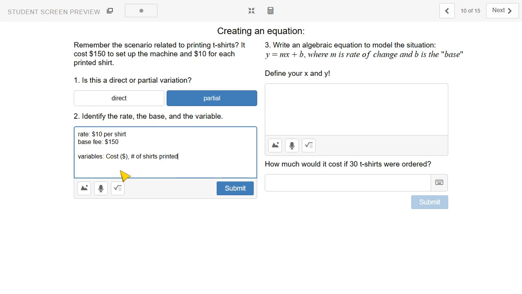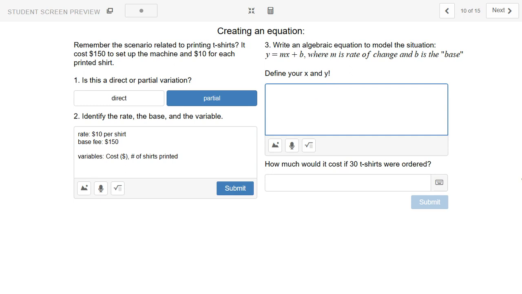Well, Y is always our dependent variable. So it's always going to be the first one in the rate. Y is the cost because the cost will always depend on how many shirts were printed. So let's define what X and Y are. Let Y be the total cost, and the cost is in dollars. We have X. Let X be the number of shirts printed.